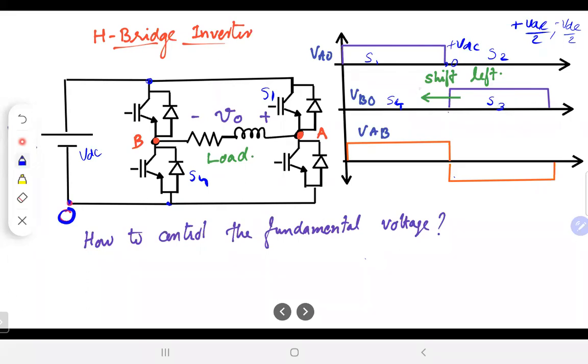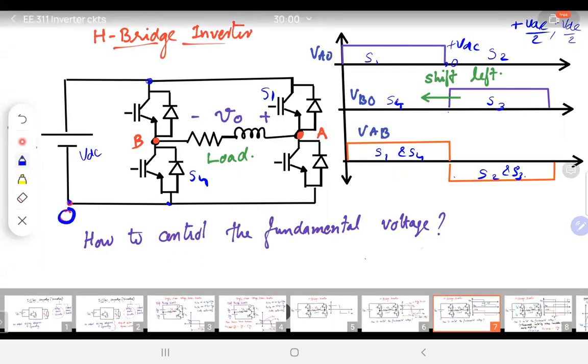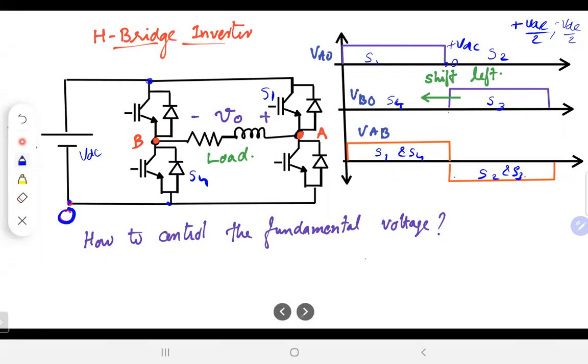Okay, so this is the arrangement. So which means that it is S1 and S4 here, S2 and S3 here, and we get the voltage like a square wave. Now if I shift, I start the switching of S3 a little earlier.